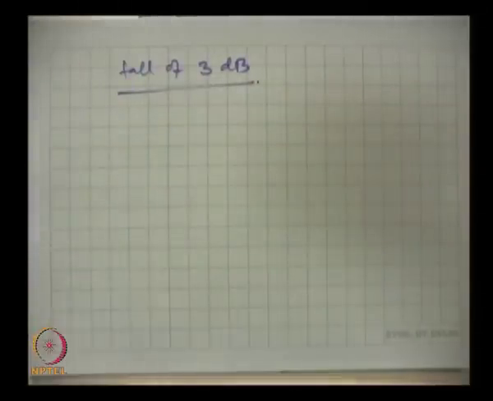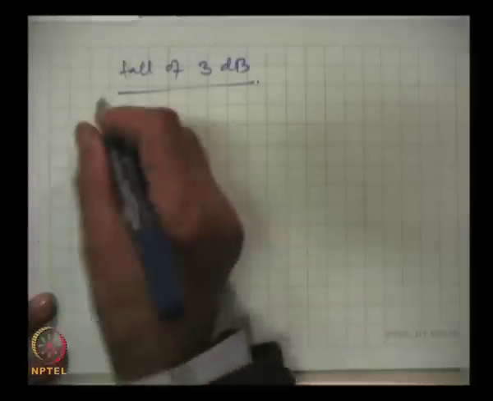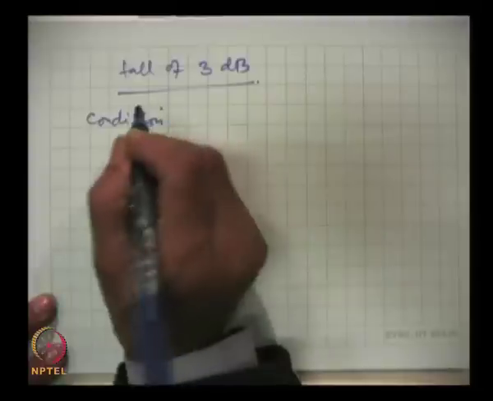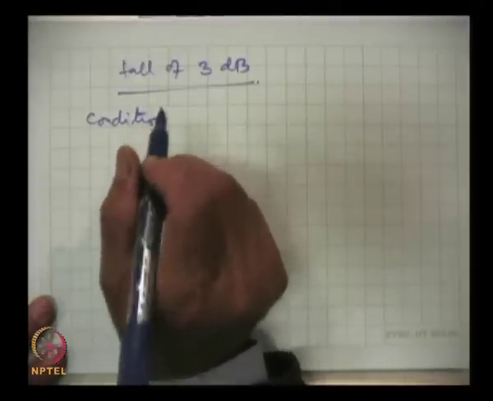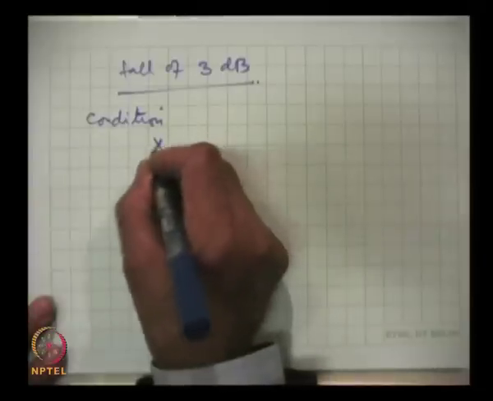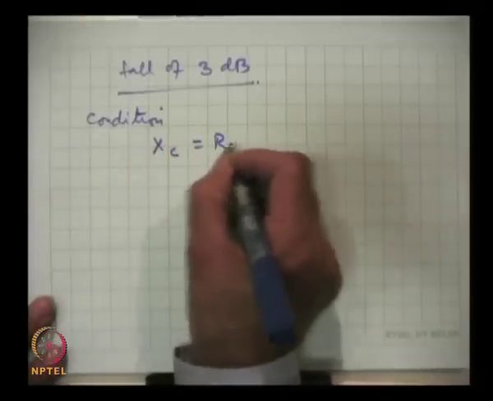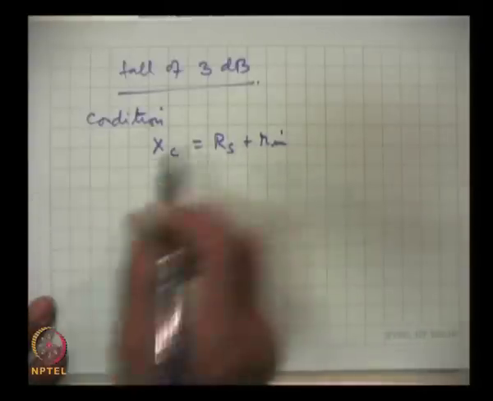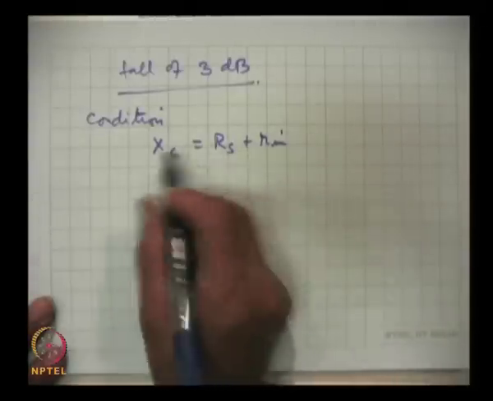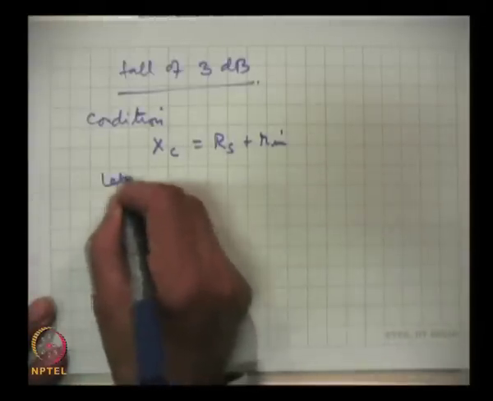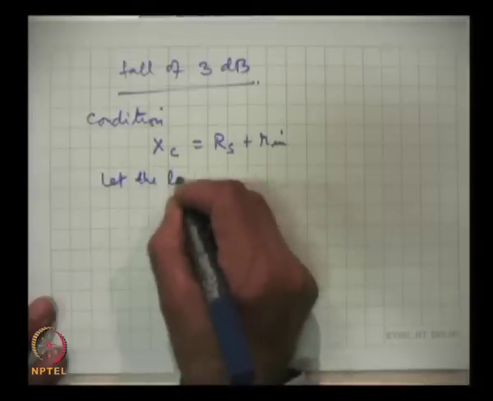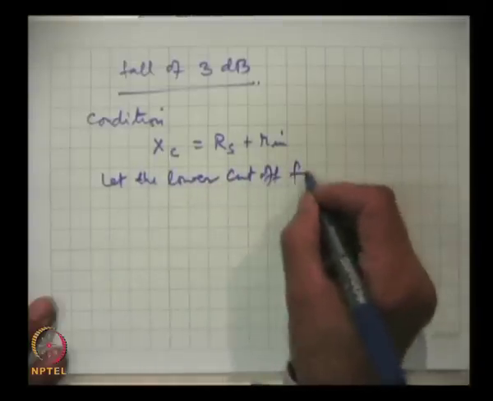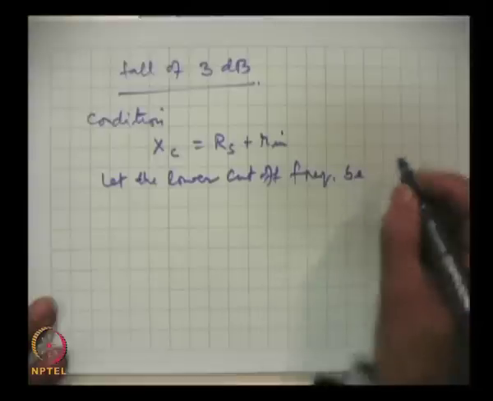So this defines the cutoff. This condition, Xc equal to Rs plus R in, defines the cutoff frequency. Let the lower cutoff frequency be F1.